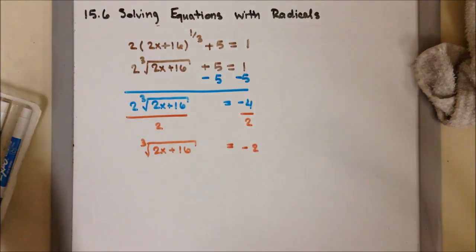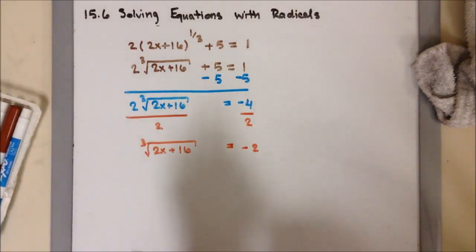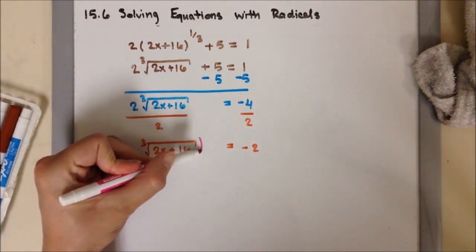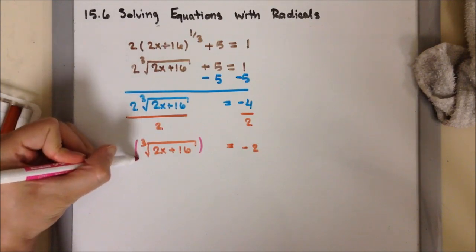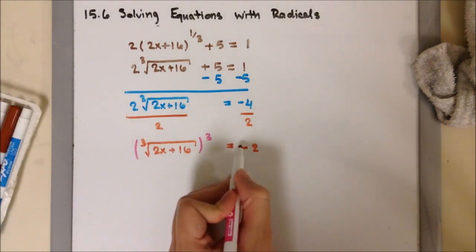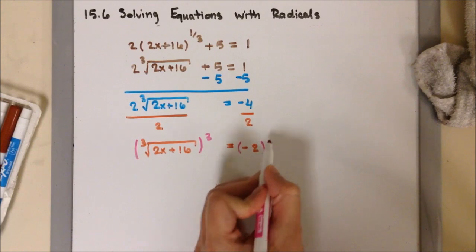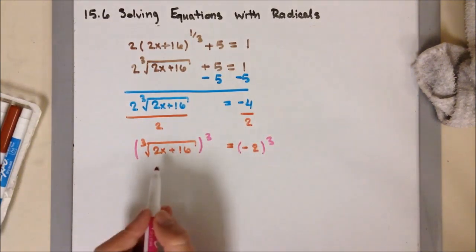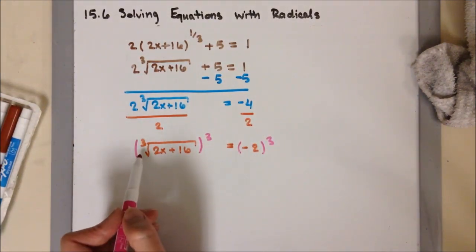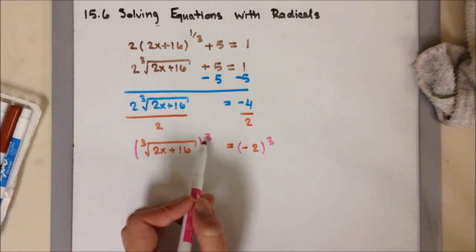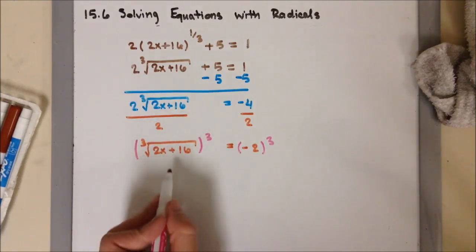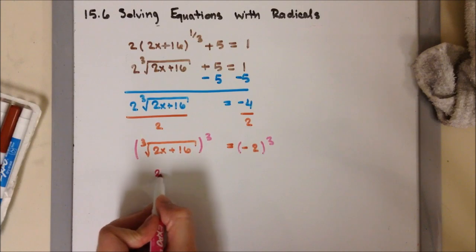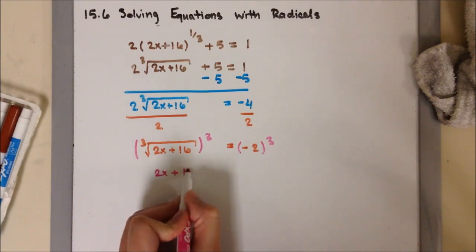Now just like before, since we're working with a cube root, you're going to raise both sides to the third power. Now over here on the left side, raising the cube root to the third power, what I have inside is simply 2x plus 16.